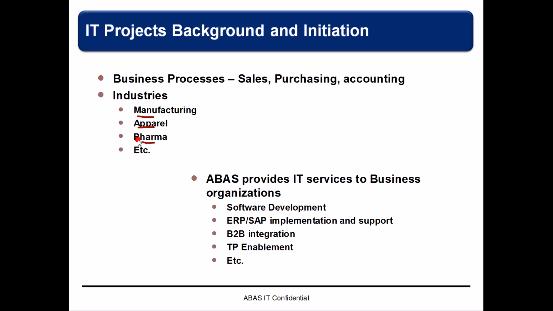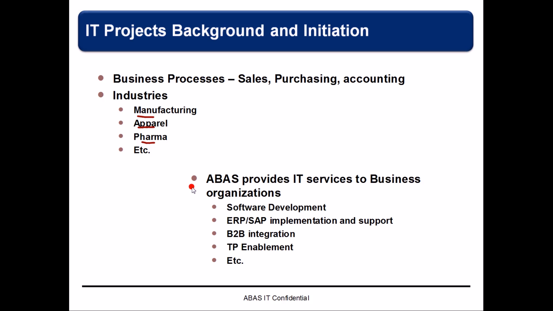So there are different types of industries which exist on business processes, which are sales, purchasing, accounting, production, and so forth. And those business processes that they do on a day-to-day basis have to be accounted or documented, and that documentation process happens through IT applications.